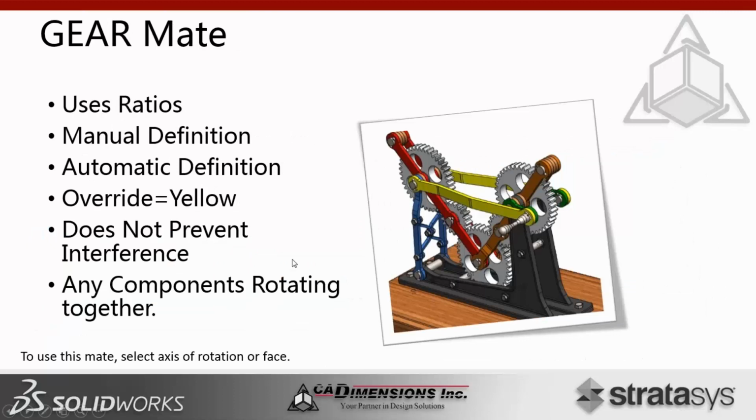Continuing on, we have gear mates. Gear mates in mechanical uses ratios of rotation. We have to define the axis of rotation, either manually defining the ratios, meaning I type in the values, or I automatically define the ratios by selecting cylindrical surfaces.